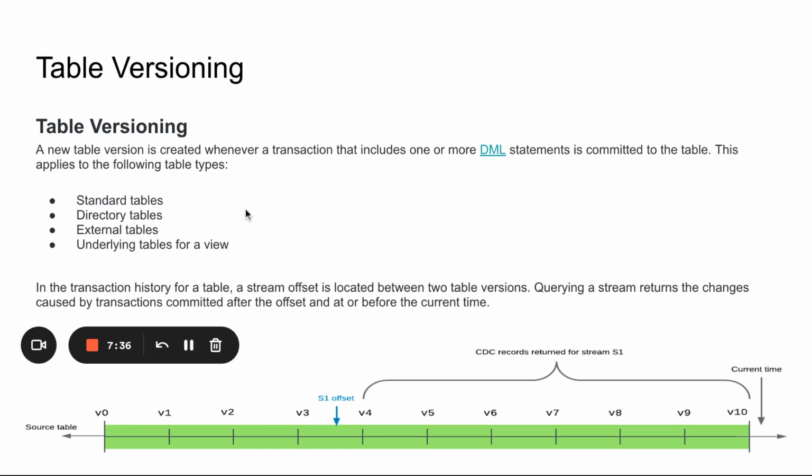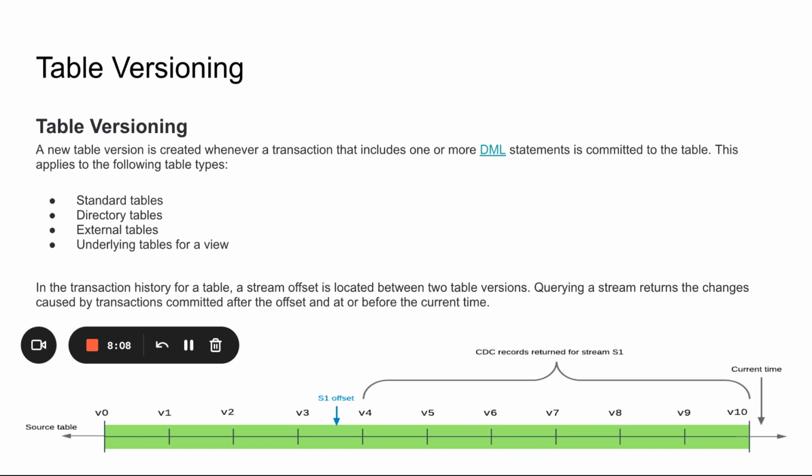The last thing that I want to cover is table versioning. A new table version is created whenever a transaction that includes one or more DDL statements is committed to the table. This versioning is applicable for standard tables, directory tables, external tables, and even the underlying tables for a view.